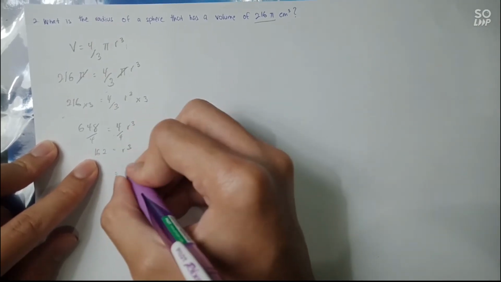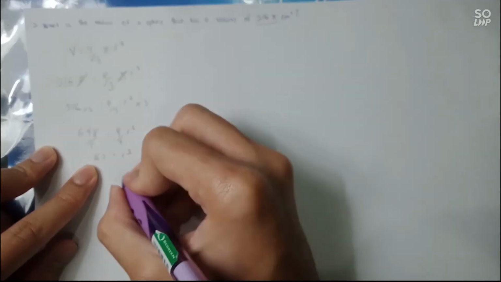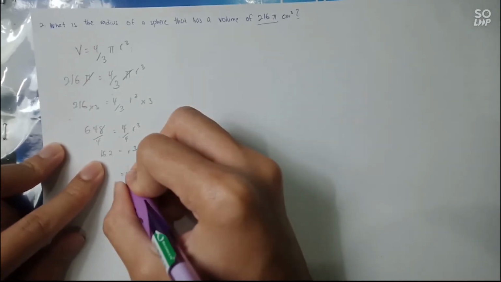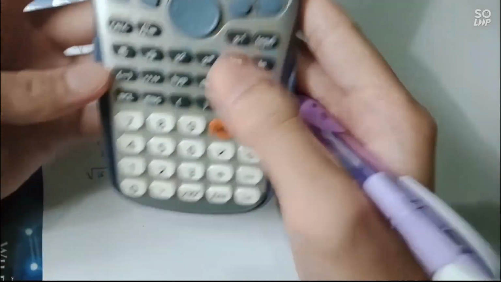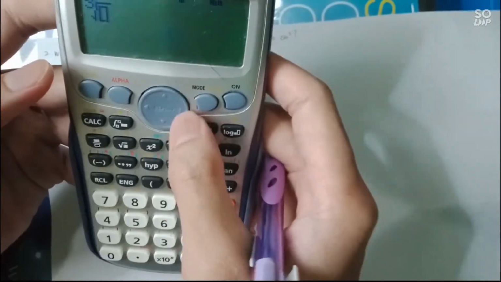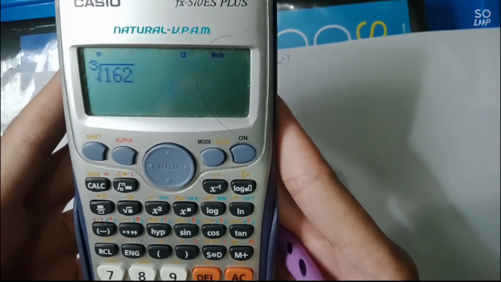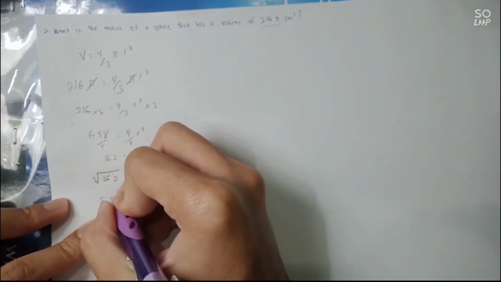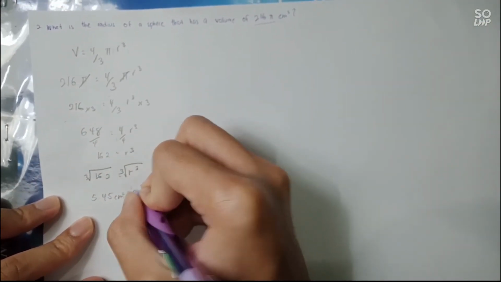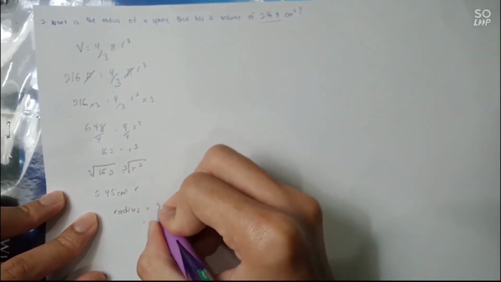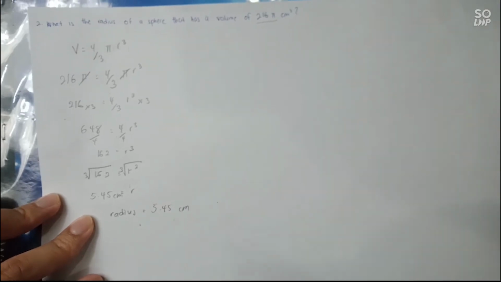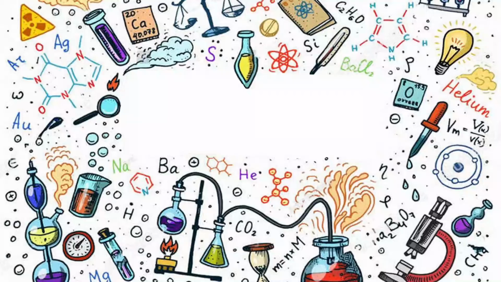So you need to cube root both sides and you will get the answer, cube root of 162 is 5.45 cm. So the radius is 5.45 cm. Okay, that's all for me. Thank you.